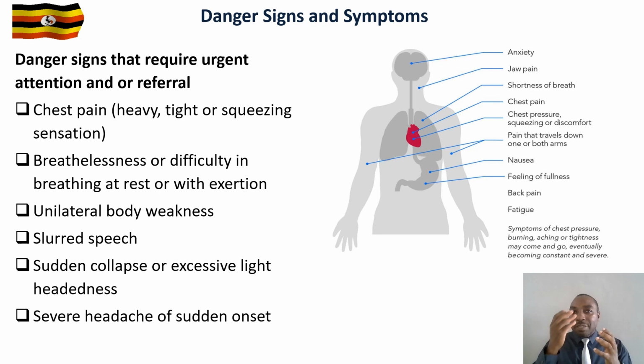So some of those symptoms, brain damage happening as a result of high blood pressure, the tiny blood vessels in the brain being affected, either they rupture or they clog with a clot. The person might present with weakness. You tell them to lift their arm and they can't. And sometimes there's a sudden collapse, severe headache.